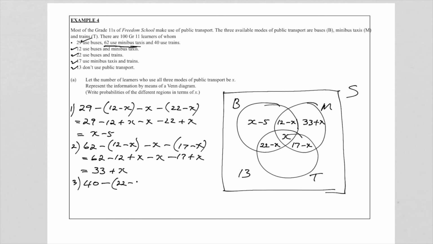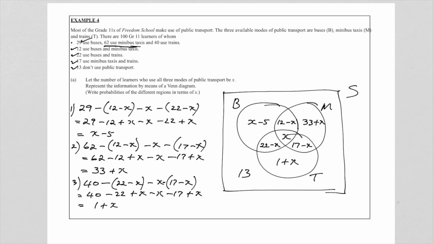Subtract 22 minus x, subtract 17 minus x. And if we simplify that, I get 40 minus 22 plus x minus 17 plus x. And that will give us 1 plus x.